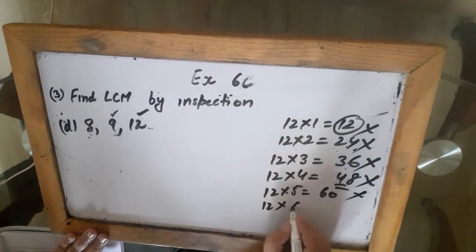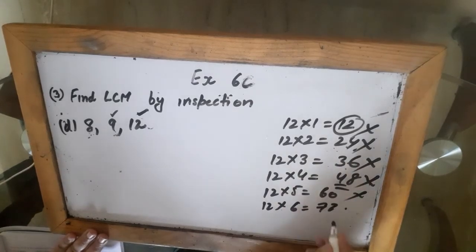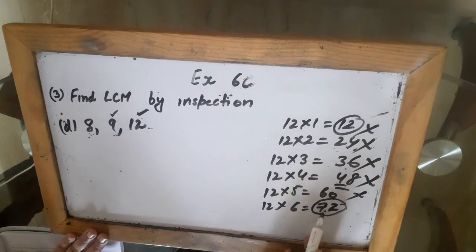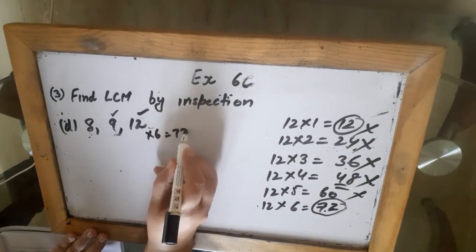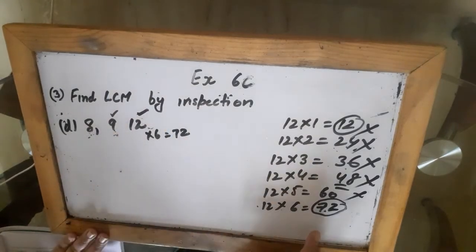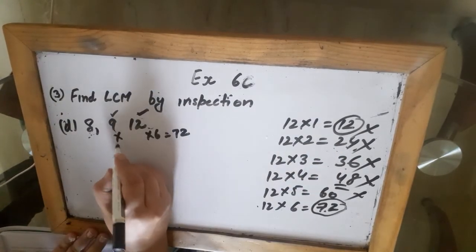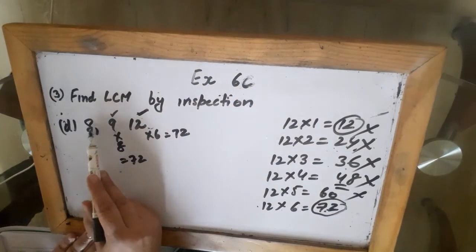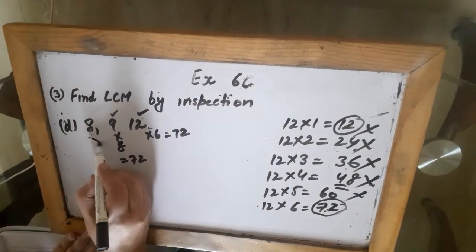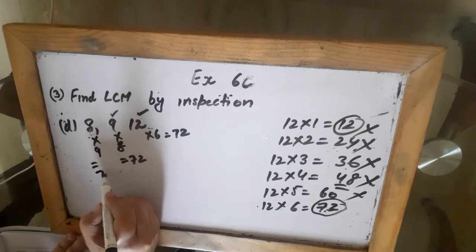Now 12 6s are 72. Now look at this number. 72 is a multiple of 12. Now is it a multiple of 9? Yes. 9 8s are 72. Now is 72 a multiple of 8? Yes. 8 9s are 72.